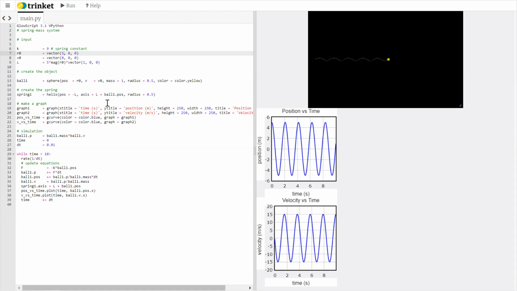So that's the method of simulating simple harmonic motion using the spring mass system.